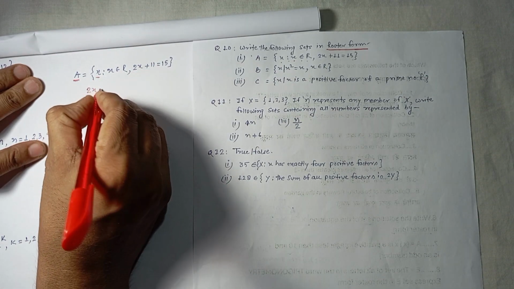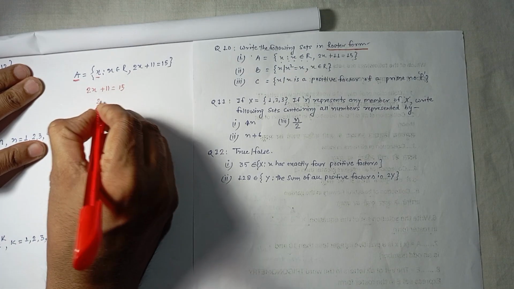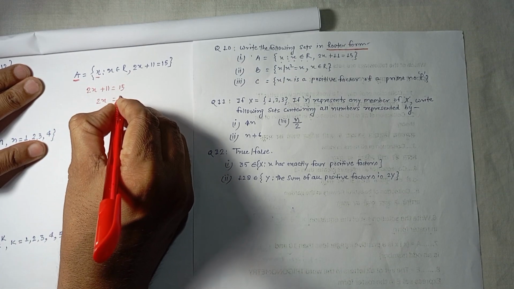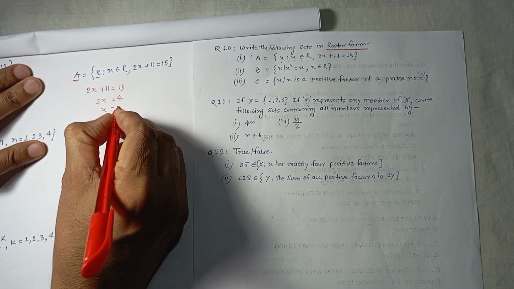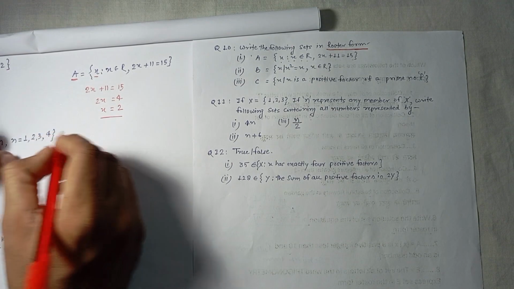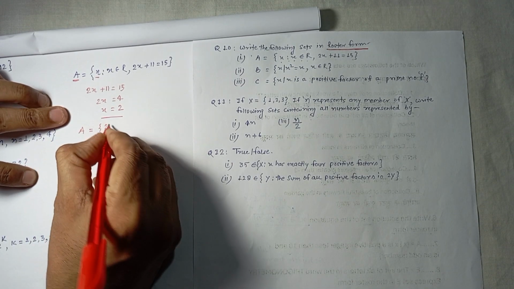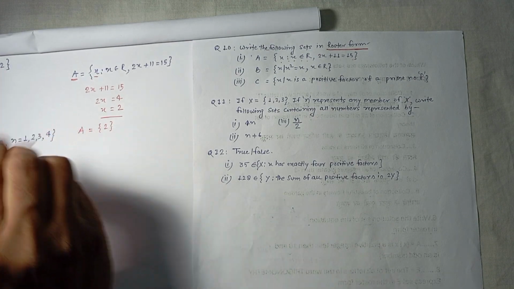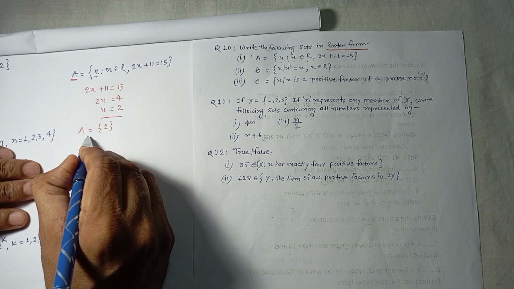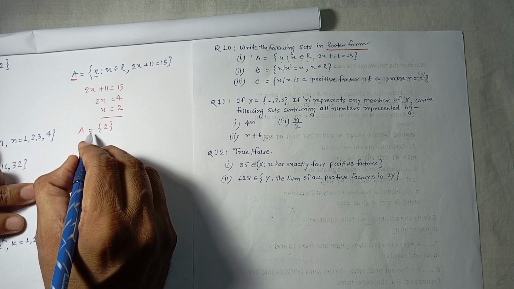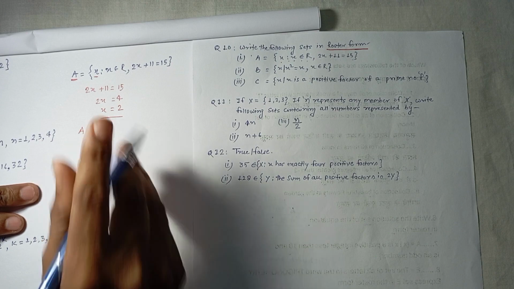So the equation 2x plus 11 is equal to 15 means 2x is equal to 15 minus 11, which is 4, so x is equal to 2. So set A is equal to {2}. By definition, you can see that it is a singleton set. This set has only one element and so it is known as a singleton set. It is an example of a singleton set.